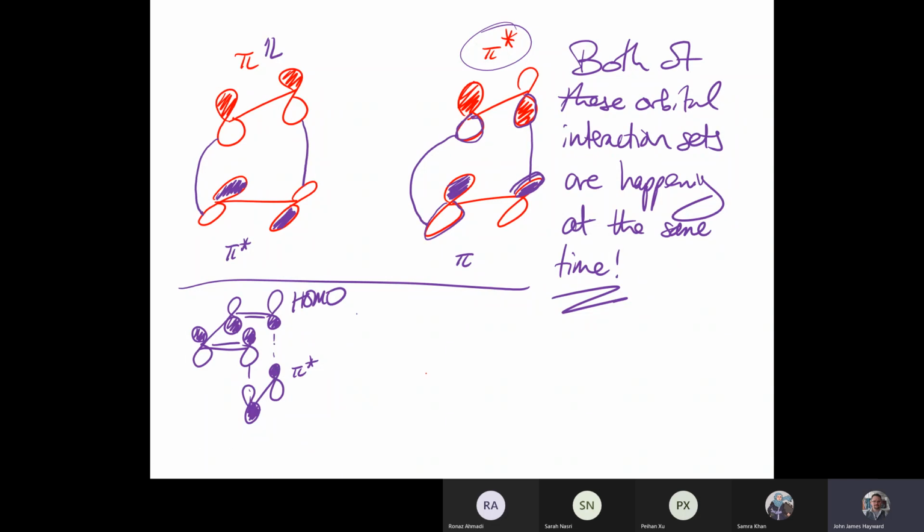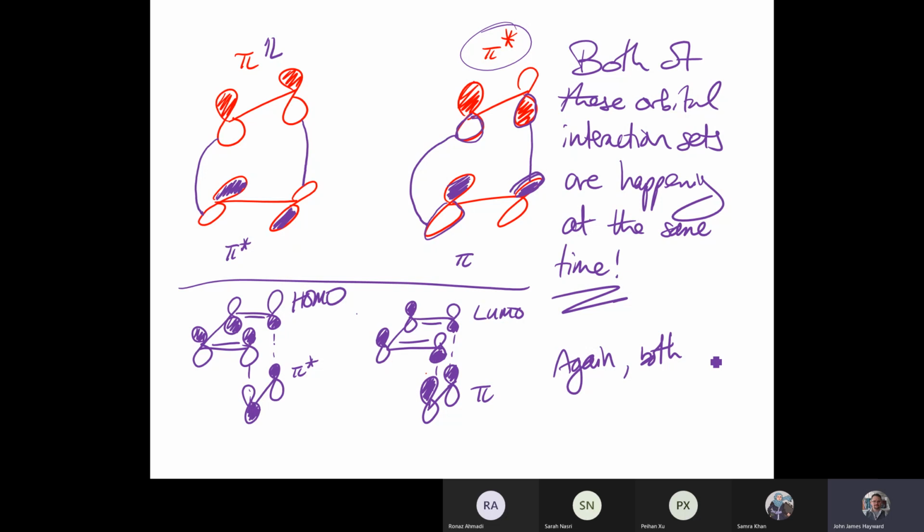So we've got symmetry allowed. But at the same time, the LUMO of the diene, which looks like this, is reacting or interacting with the pi of the dienophile, not the pi star, but the pi. Again, both happen at the same time.